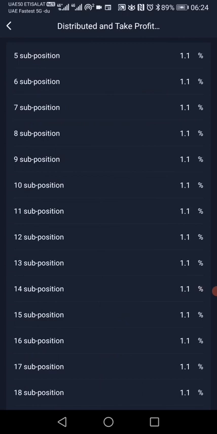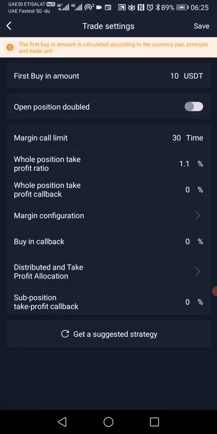The same thing is applicable at the 6th position, 1.1. So I put 1.1 all through. Distribution take profit allocation is applicable from the 5th position down. That is very, very important to note, because the whole position take profit ratio is only applicable to your core positions 1 to 4.